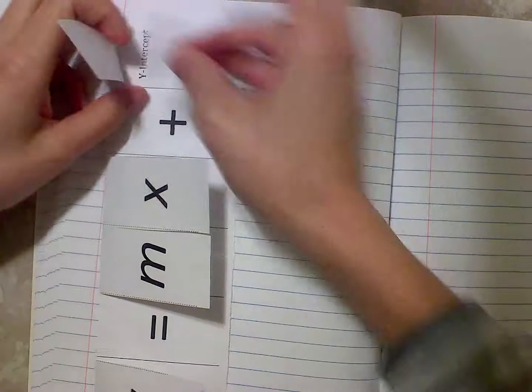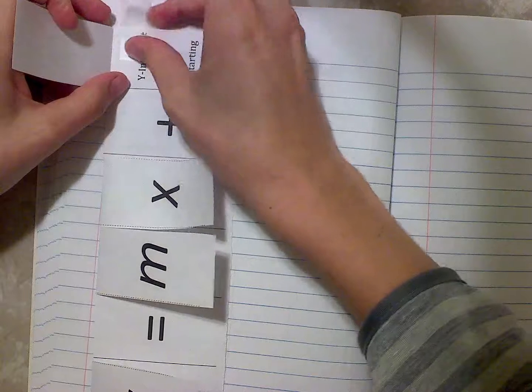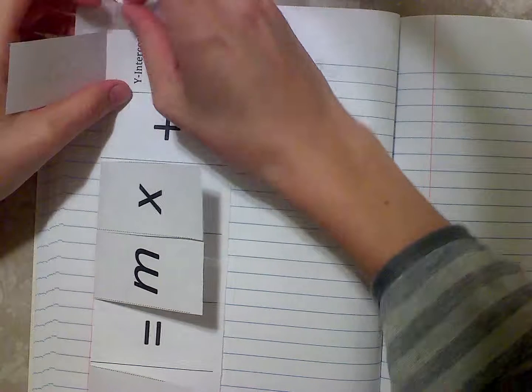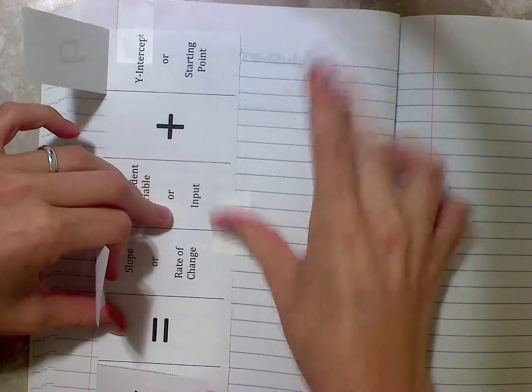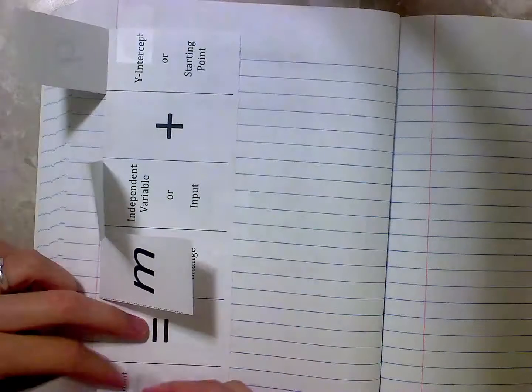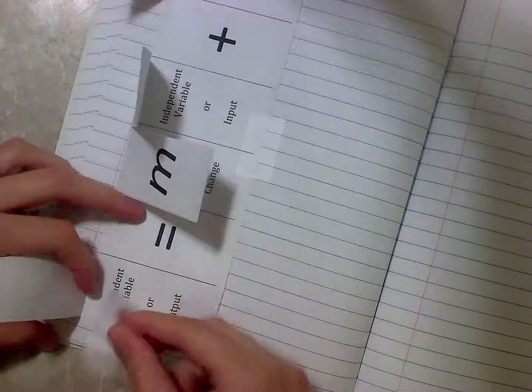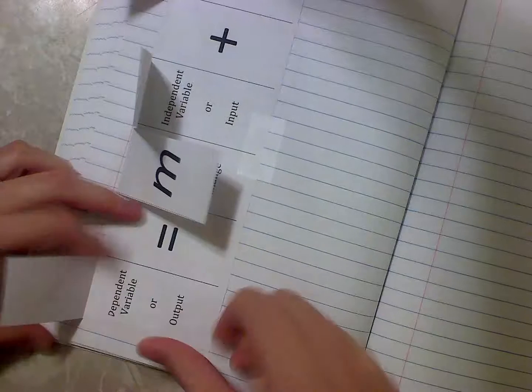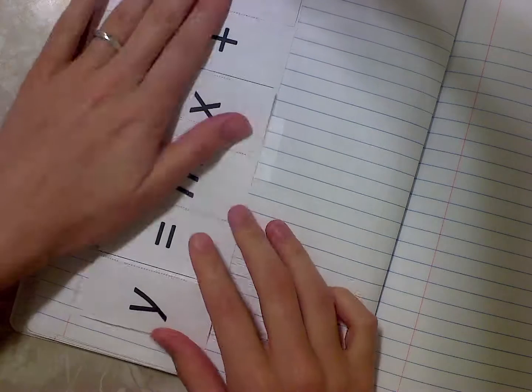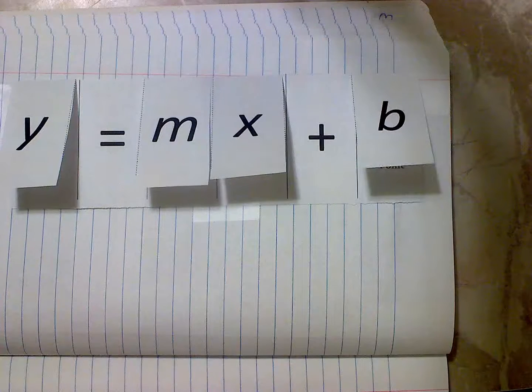And so I'm just going to put one piece right here and one piece here and one piece over here on the bottom, right? So you just tape it down however you feel makes the most sense for you. But here's my y equals mx plus b, okay? And again, this is the left side of page 41.